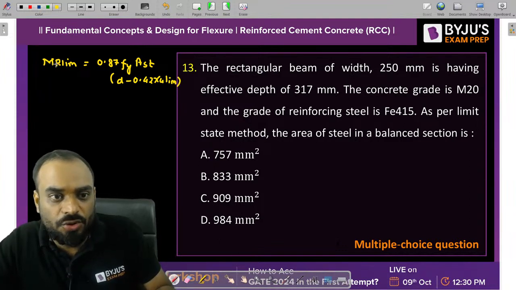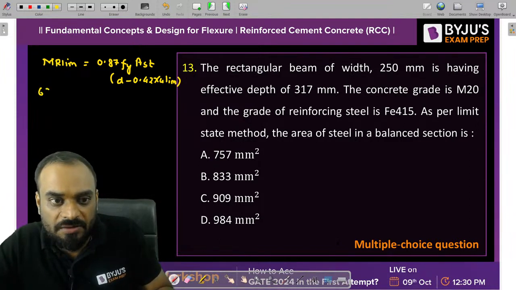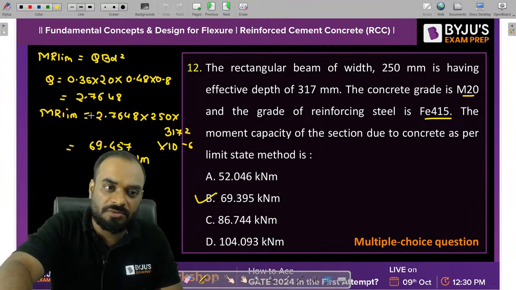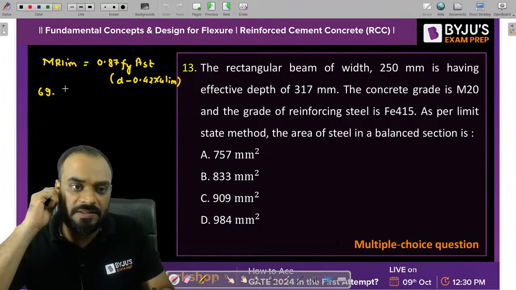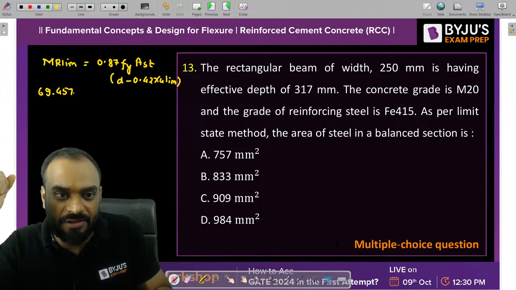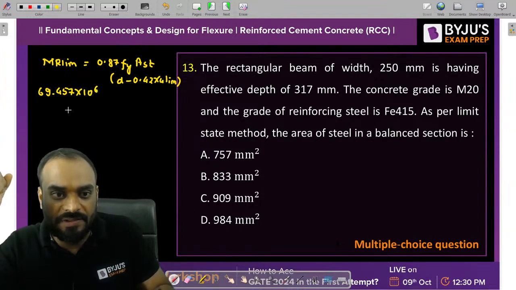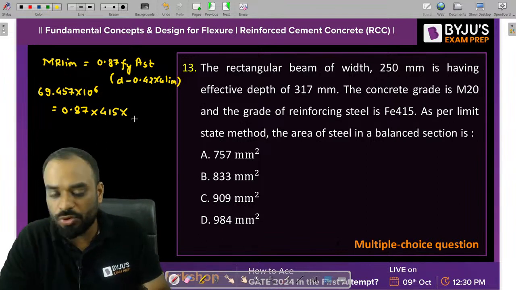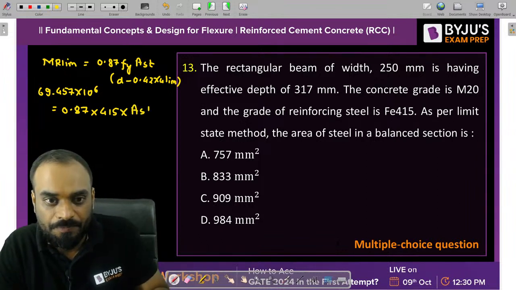Correct? Now you know this particular value, let's cross check it. Yes, 69.457 multiplied by 10 raised to power 6 is equal to 0.87 fy, which is 415, multiplied by Ast. We don't know the value of Ast over here.